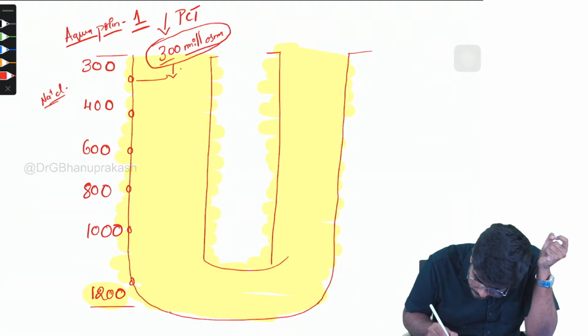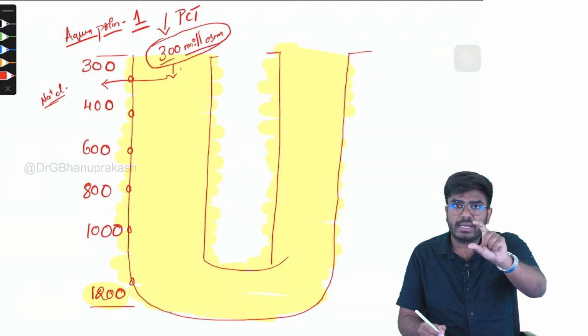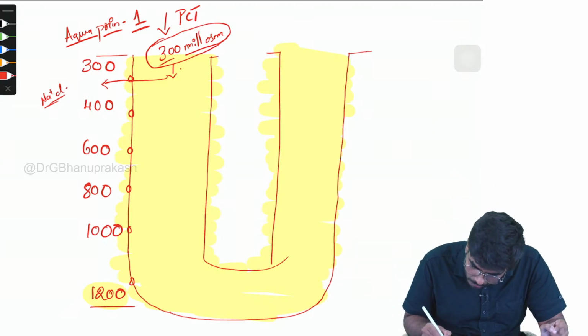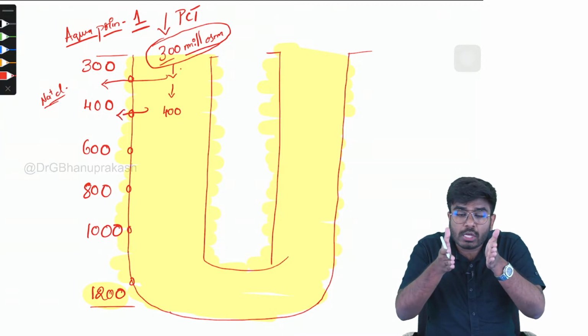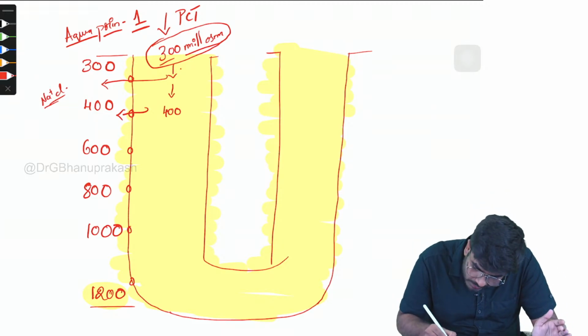All the water is going to come out. See here, the fluid is having 300, but outside there is 400 hyperosmolarity. Now when the fluid is going down, the fluid is also equilibrating. Now fluid is going out, water is getting reabsorbed.